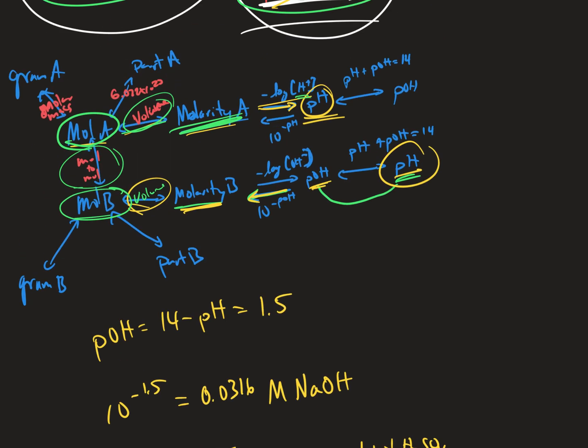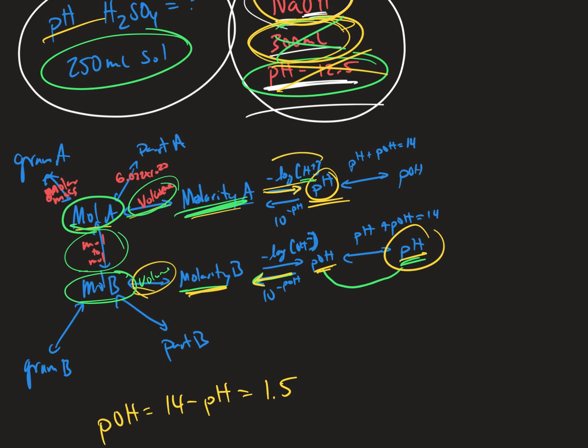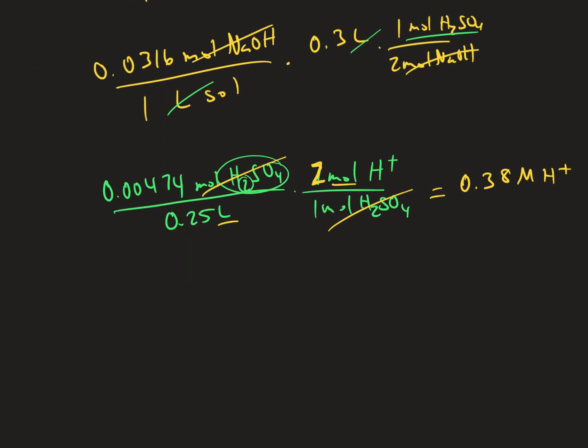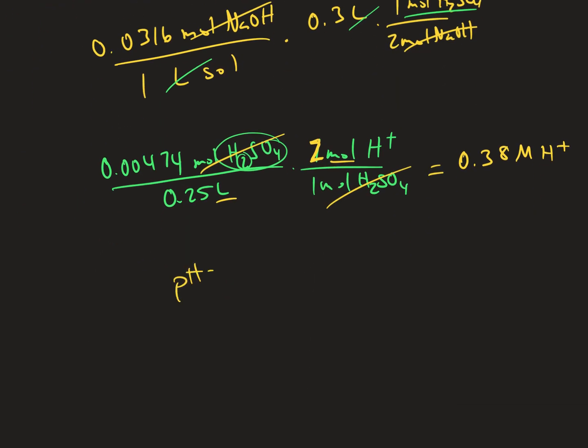So once I have this, I just do negative log of that, right, to get my pH. And that gives me something.